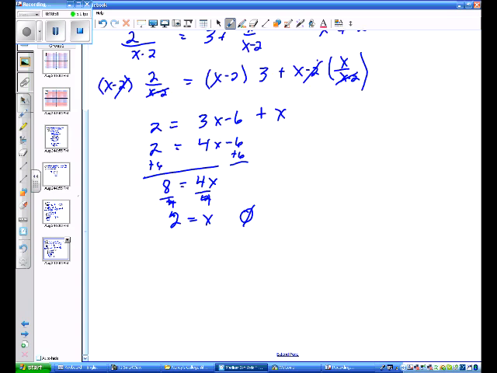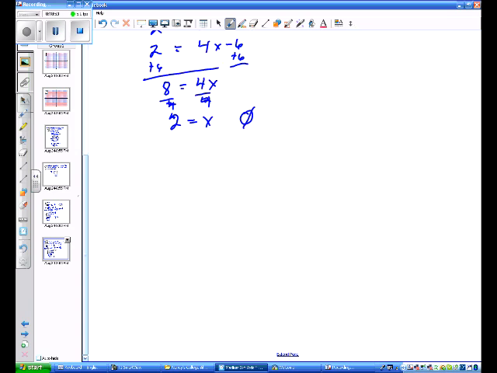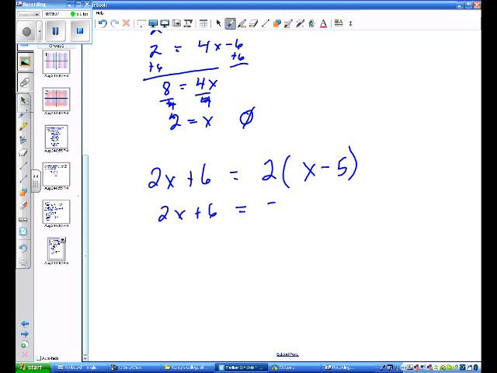Now, it can also just be an equation. Let's say we had the equation 2x plus 6 equals 2 times x minus 5. Well, we have 2x plus 6 equals 2x minus 10.